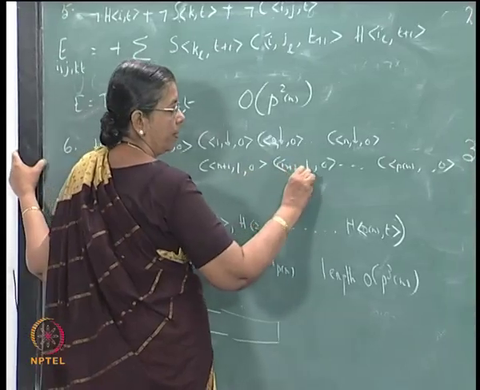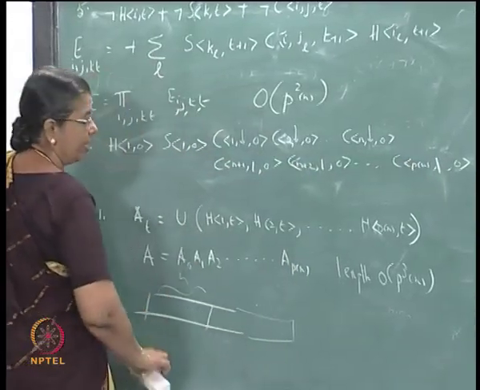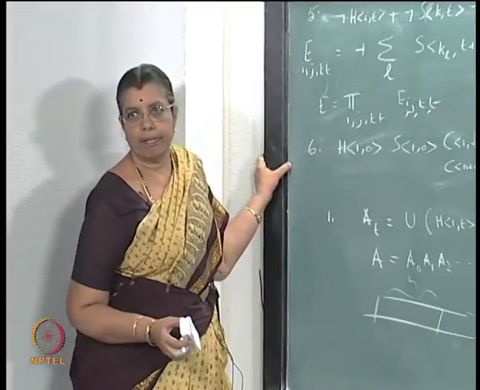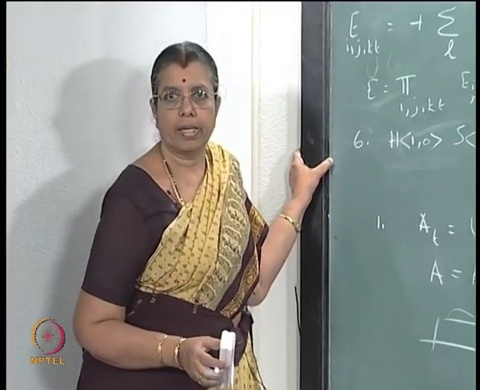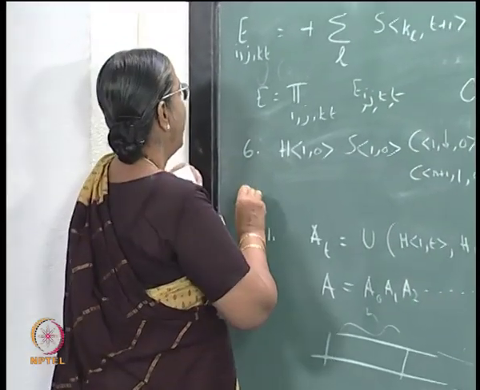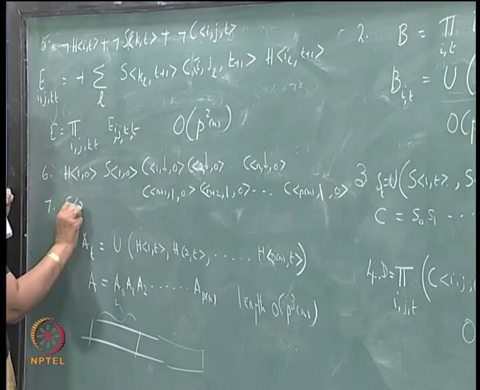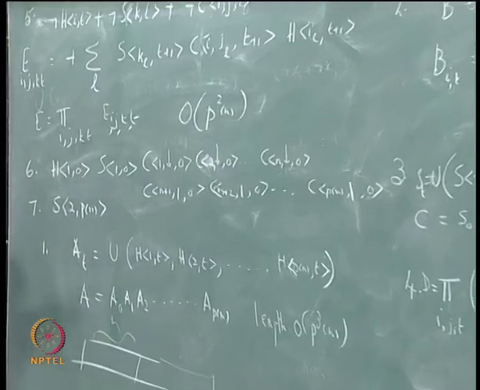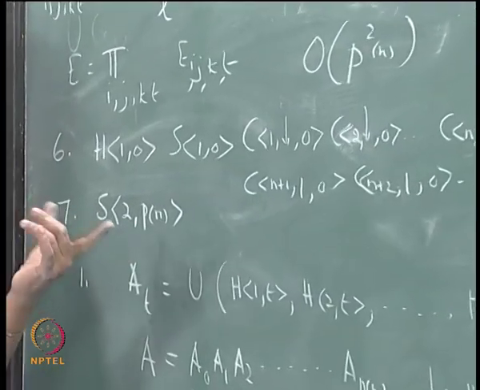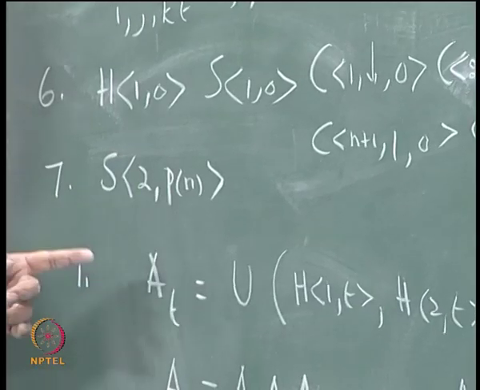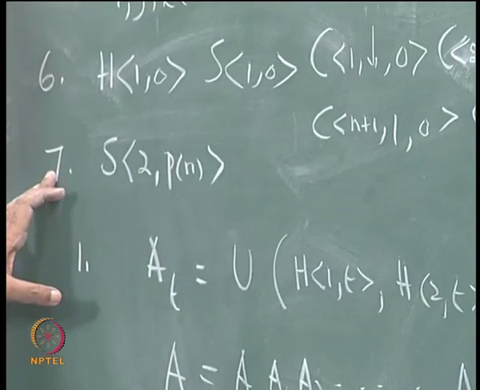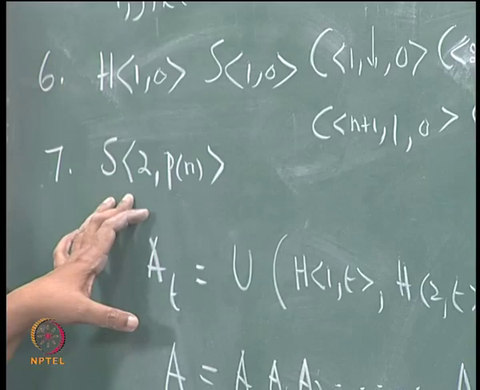So, this will be 1. As a notation we have taken the blank to be 1, x1. Then the final ID is just the state becomes 2 at time p(n). Q1 is taken as the initial state, Q2 is taken as the final state. So, the seventh condition is given by this expression.